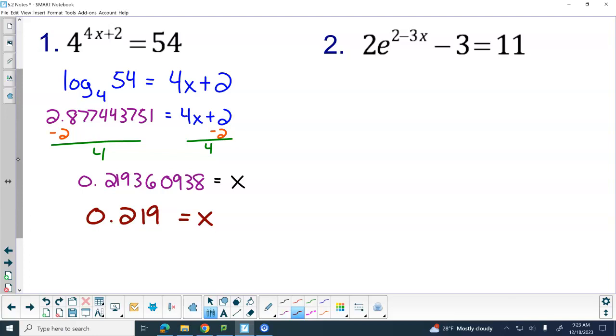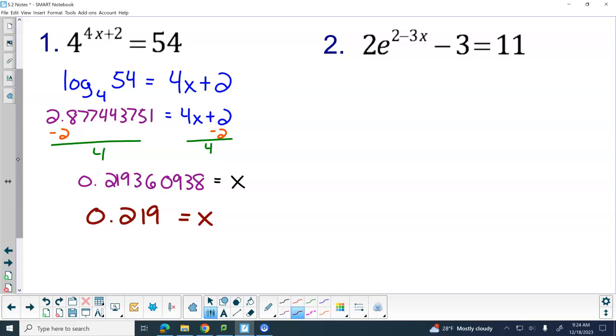Okay. Now, if I plug the exact one in from my calculator, we should get exactly 54. If I plug the rounded one back into my calculator, 4 raised to the open parentheses, 4 times 0.219, close parentheses, then plus 2, I get 53.892.